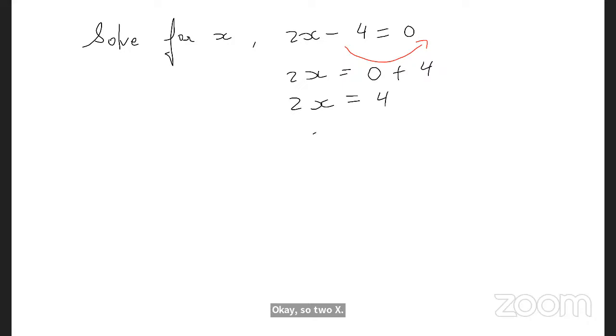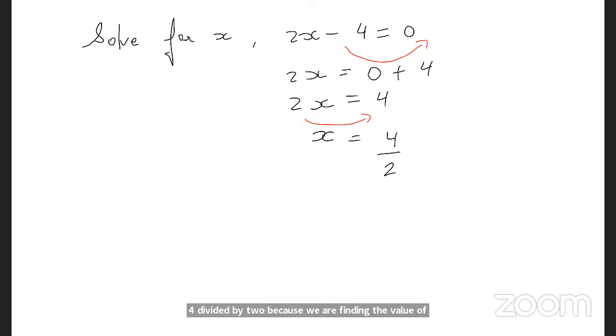Now we can divide it. Again, 2 we'll take below 4. So x equals 4 divided by 2, because we are finding the value of x. Why did 2 go below 4 to divide it? Because with x, 2 is in multiplication. When a number and a variable are written together, that means it's in multiplication.